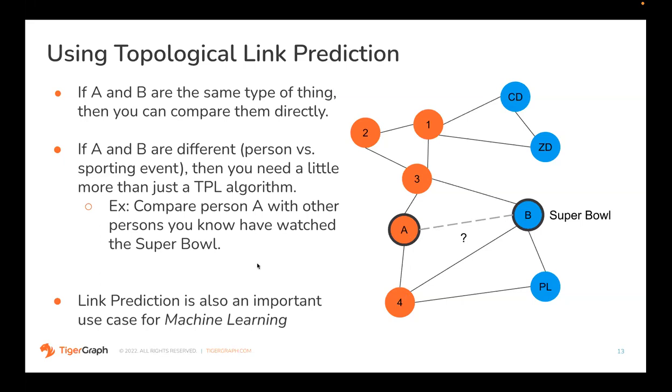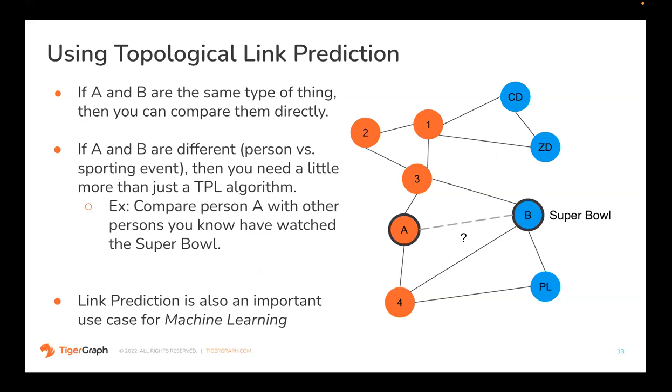So this is, again, the category of topological link prediction. It is pretty straightforward, easy to compute. You can do a much better job of link prediction if you apply machine learning. With machine learning, you are going to try to create a model to understand under what circumstances in general links form.